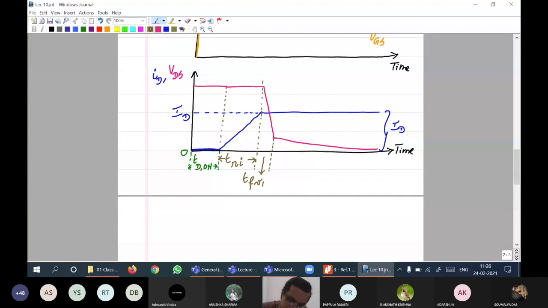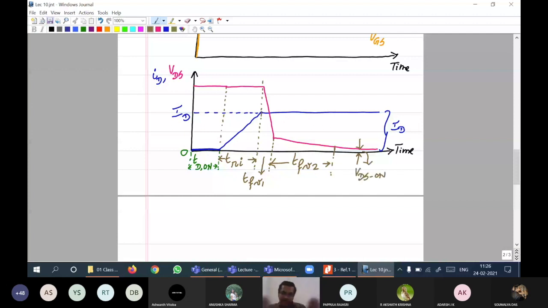And once the process is complete, the voltage across the MOSFET, let's take this point. So this time interval will be the second voltage fall interval. After this, there will be the steady state voltage drop across the MOSFET, which is VDS on. That's all.